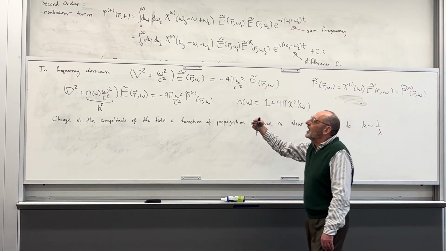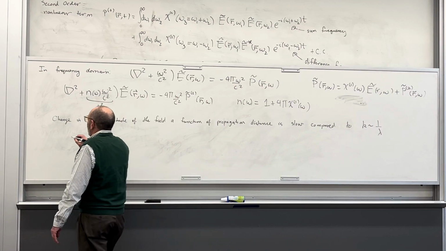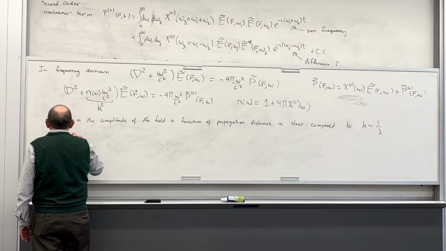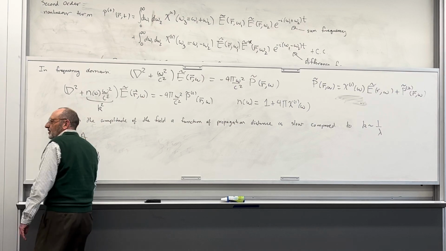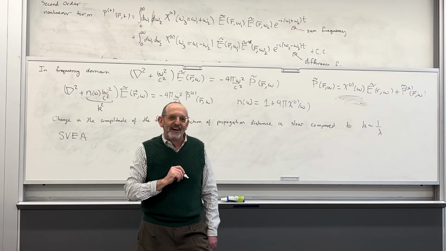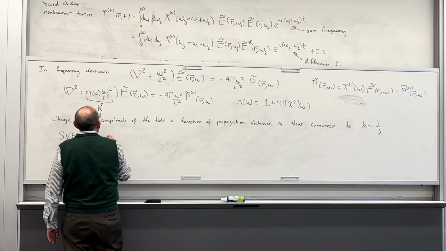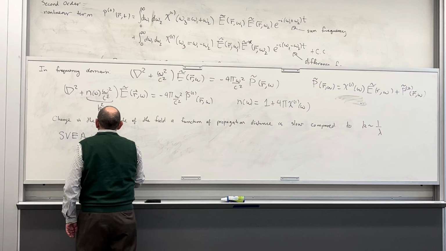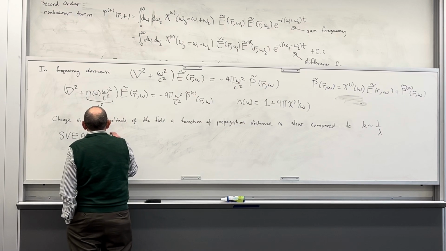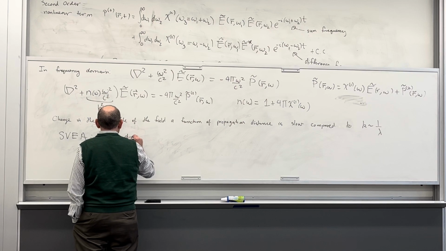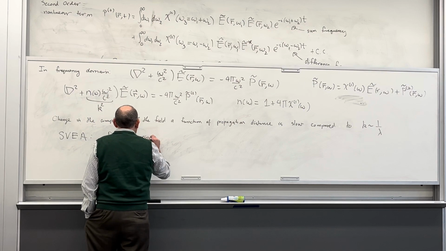In which case, I could make the well-known slowly varying envelope approximation, or SVE. Firstly, what we're going to think about is one-dimensional propagation.